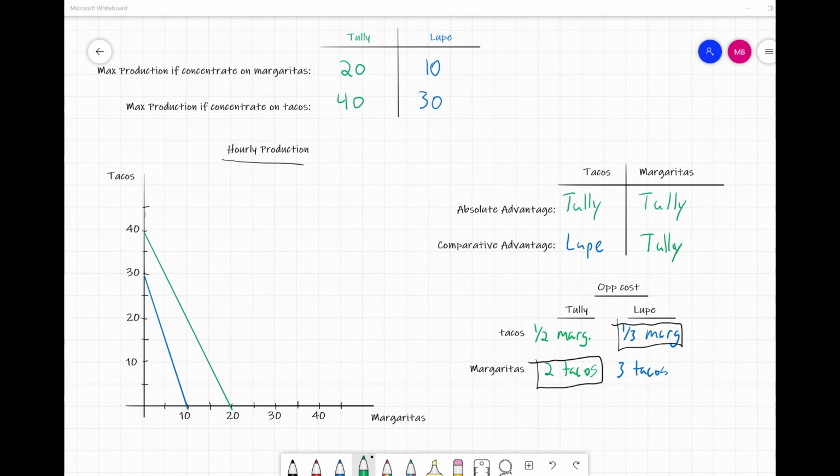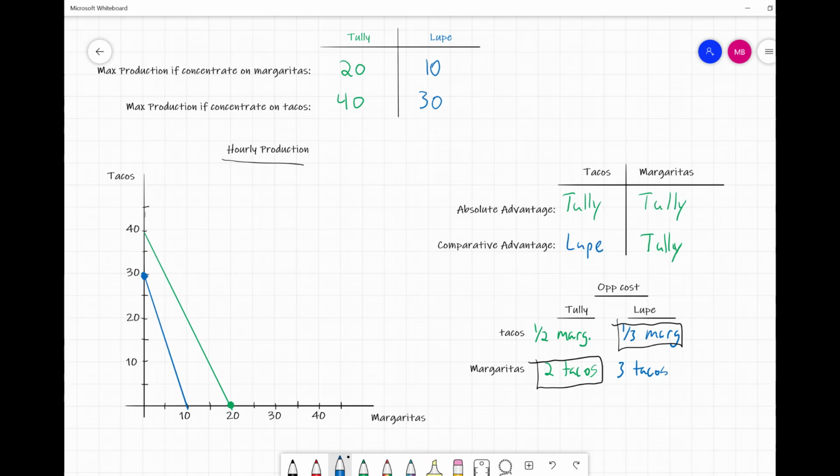So if Tully just produces margaritas, if he just specializes in margaritas, his production is going to be at this green dot. If Lupe just produces tacos, her production is going to be that blue dot. And so now these individuals might want to engage in trade in order to get outside of their production possibility boundary.